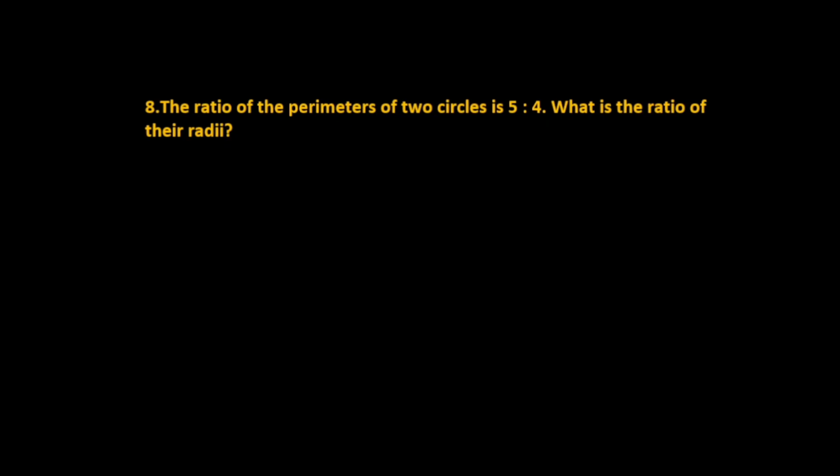The last question, 8th question, the ratio of the perimeter of two circles is 5:4. Perimeter of a circle, circumference of a circle is 2 pi r. So for two different circles, we can take 2 pi r1 is to 2 pi r2 is equal to 5:4. Ratio of the perimeter of two circles.